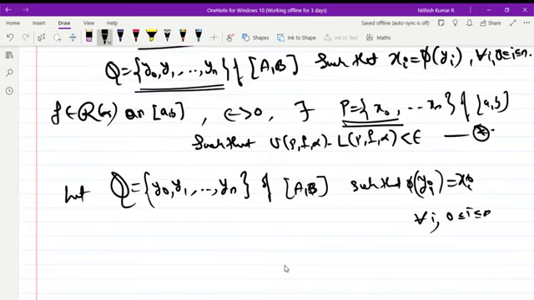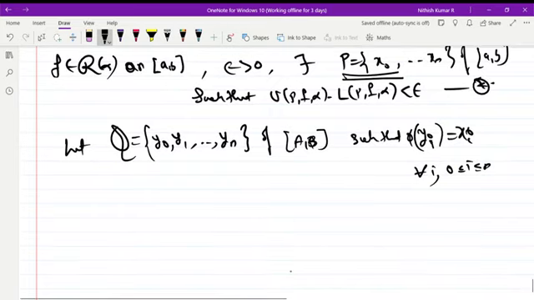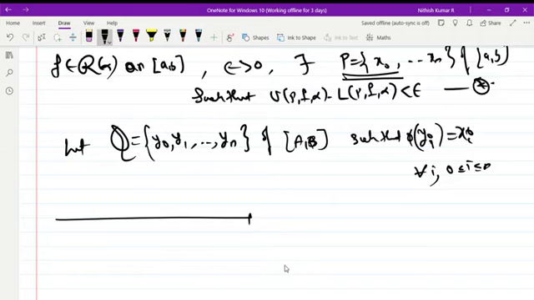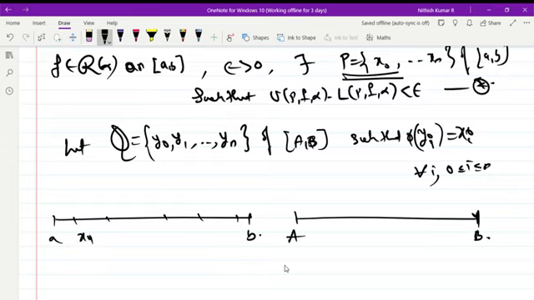Now note that, say this is the closed interval a comma b, and this is the closed interval capital A comma B. Say here I am partitioned as x1, x2, similarly we get y0, y1, y2 and so on.